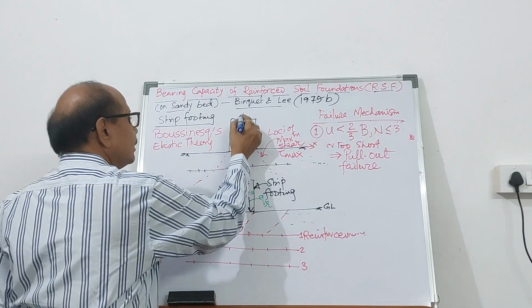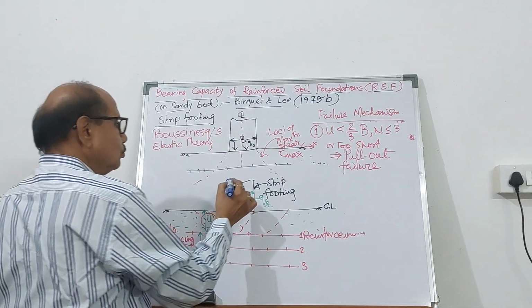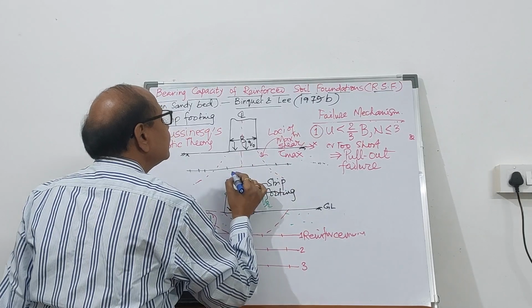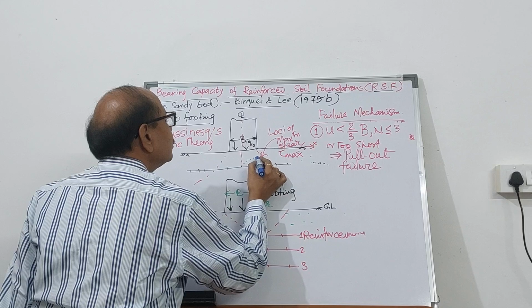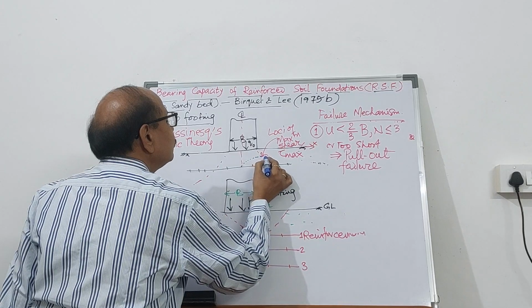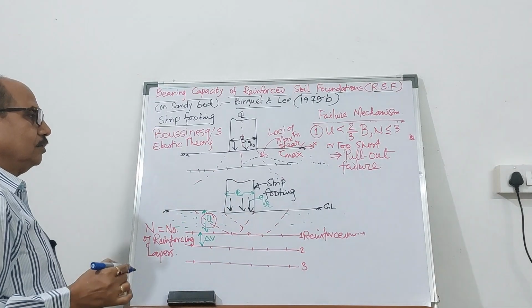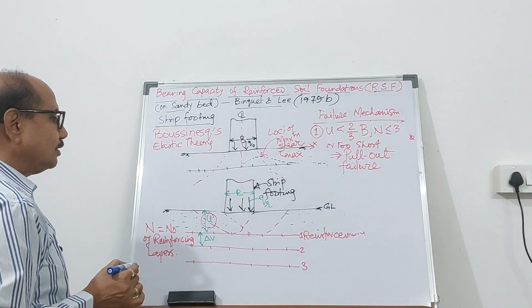Now this is the center line. Now the maximum shear is going to be here. So it is going to increase and achieve a maximum value, and then it is going to decrease. So that is the variation of the shear.